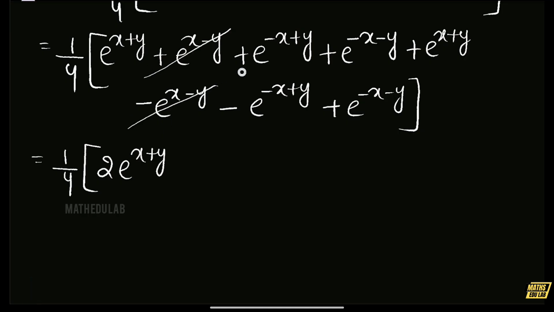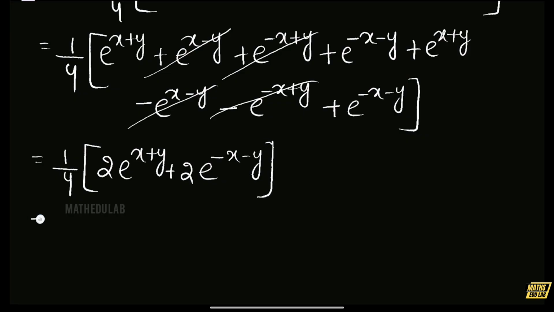Similarly the other one, the positive term e to the power minus x plus y and the negative term e to the power minus x plus y get cancelled out here, and then we have plus 2 e to the power minus x minus y.